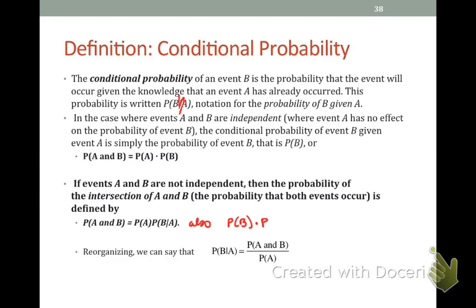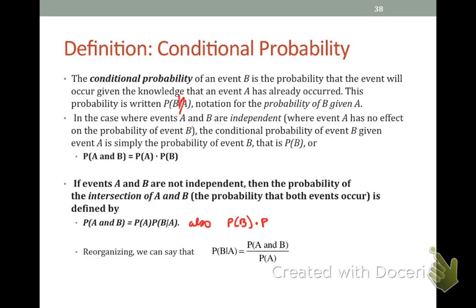So this is a way we write a more general probability expression. If the events A and B are not independent, then the probability of the intersection of A and B, in other words the probability that both events occur, is defined by this: the probability of A and B is the probability of A times the probability of B given A has already happened.